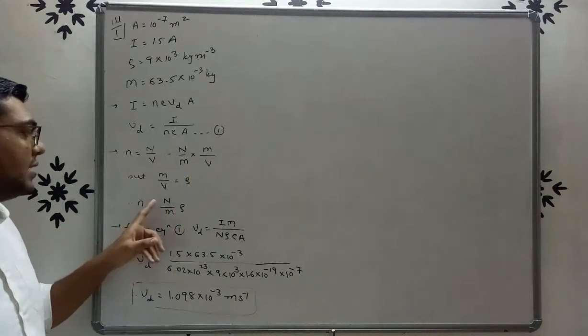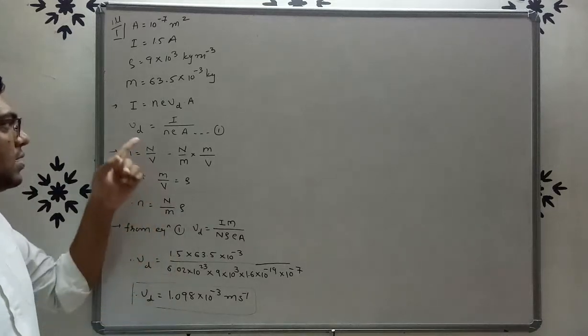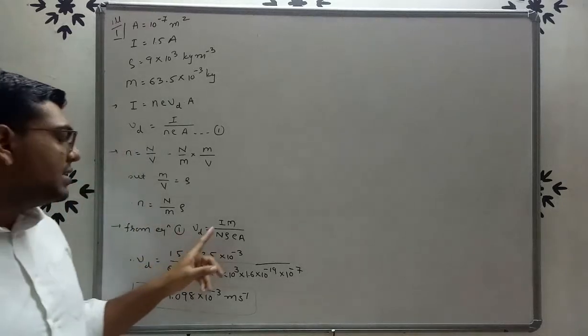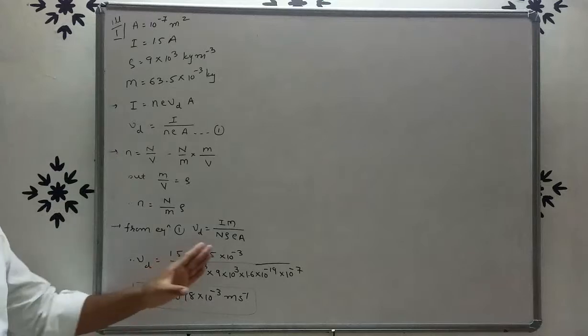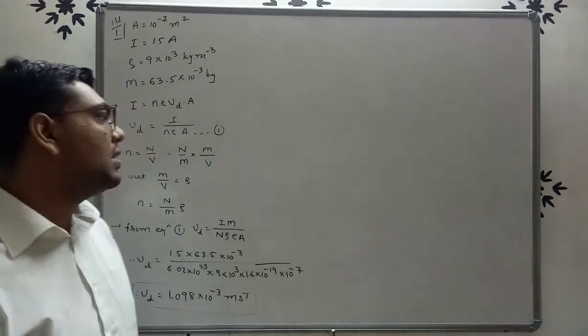So small n is equal to N rho by m. We put this into equation 1, so we get vd is equal to Im upon N rho eA. If you put in these values, we get the value of the drift velocity.